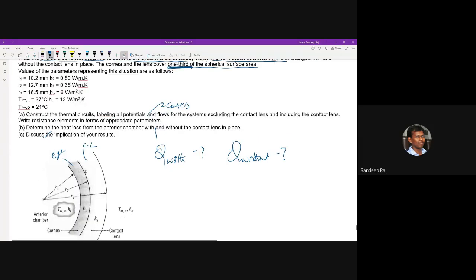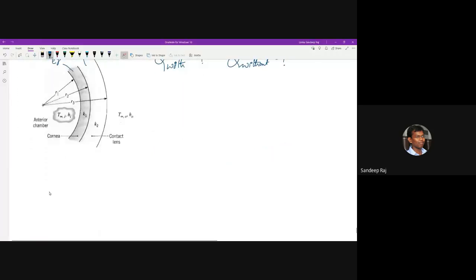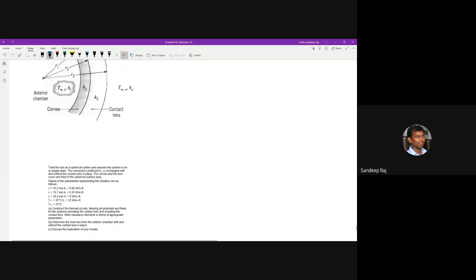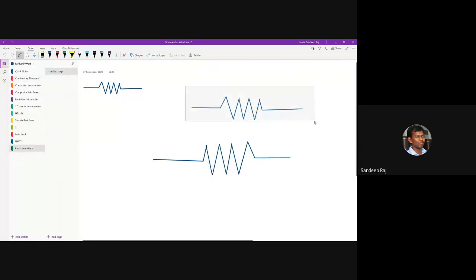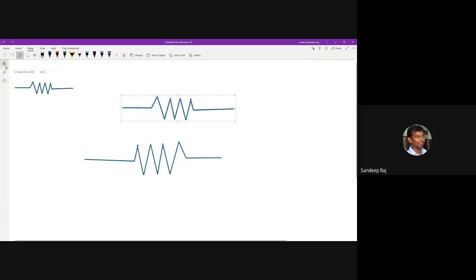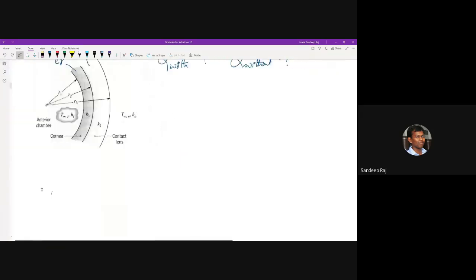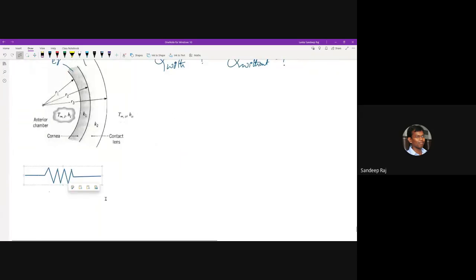So the first thing is to draw the resistance circuit. Okay, let's draw the resistance circuit. If I draw the resistance circuit here, how many resistances will I get? Somebody tell me. See, all these problems are there in your Google Doc.